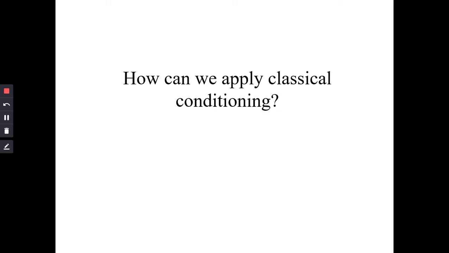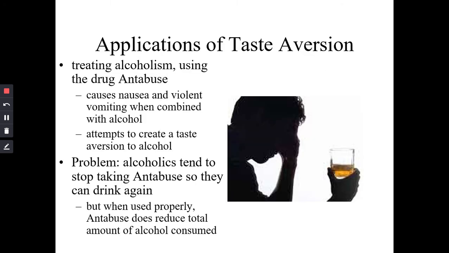So, how can we use classical conditioning? Okay, what can we do with this? What use can we make of classical conditioning? Well, it turns out we can use it in therapy. There is a drug called Antabuse, by prescription, and for some highly motivated alcoholics who want to stop drinking, if they take this pill and then they drink alcohol after they've taken it, the alcohol mixes with the Antabuse.